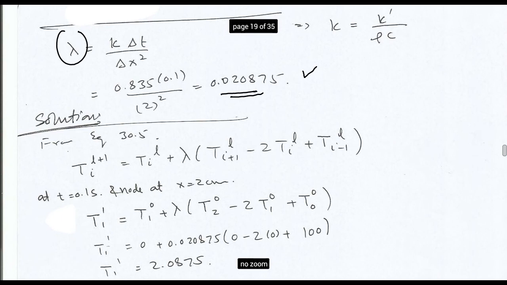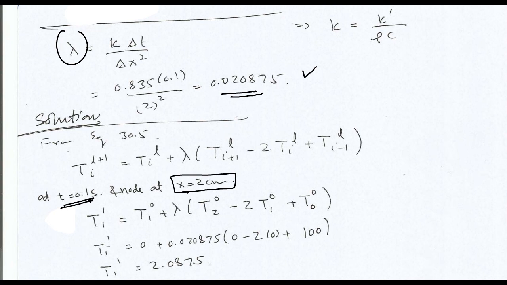We see here at the first time, t equals 0.1 second, at the node at 2 centimeters, i will be 1.